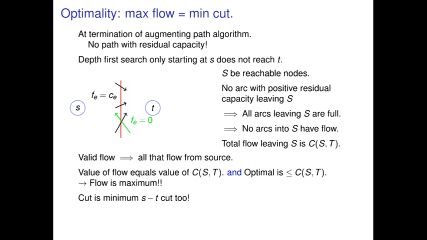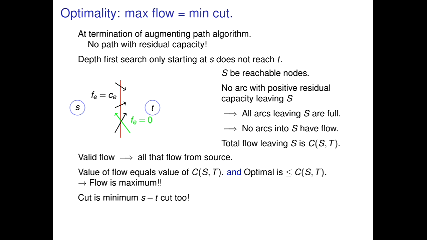Because otherwise there would be a cut that's less than the max flow. I've produced a flow and a cut with the same value. The cut value is an upper bound on the flow value, right? So if there was a smaller cut, then it would contradict the fact that this flow was this large. Right? Every cut is an upper bound.